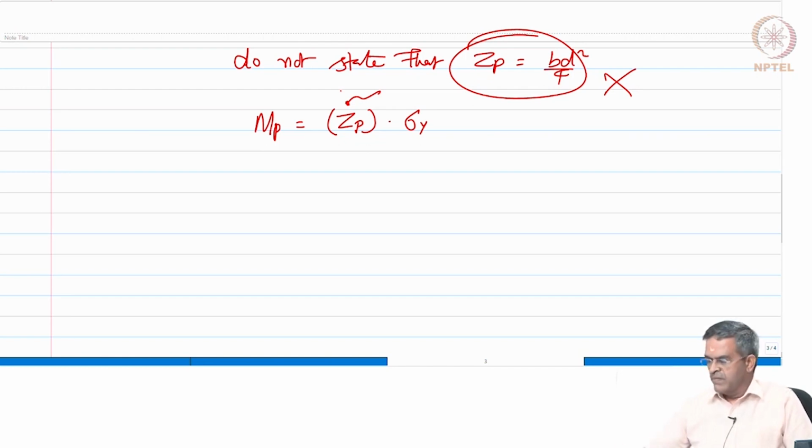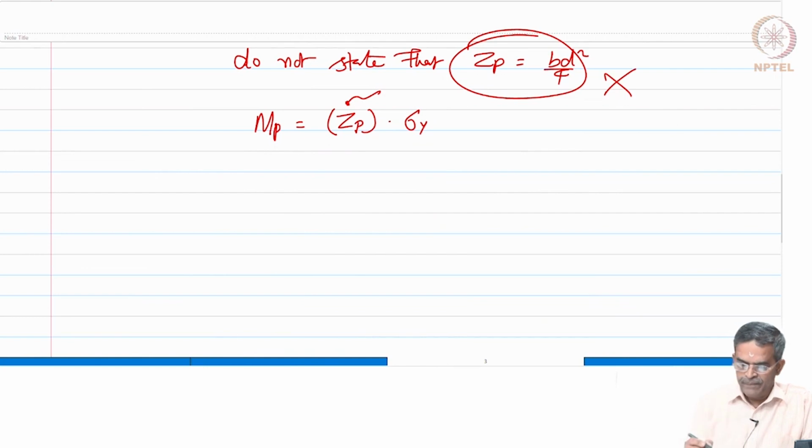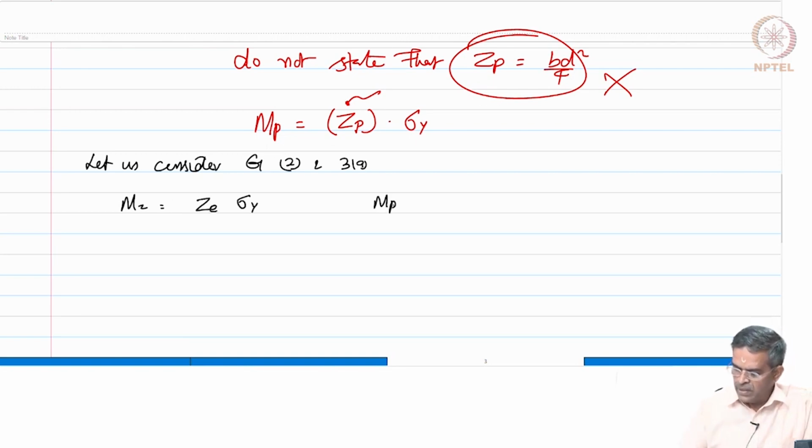Now friends, we can easily find out the moment capacity. Let us consider equations 2 and 3. Equation 2 says Me is Ze sigma y and this says Mp is Zp sigma y.